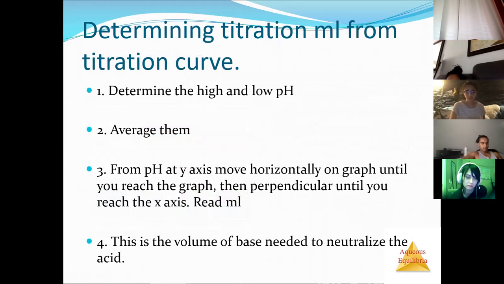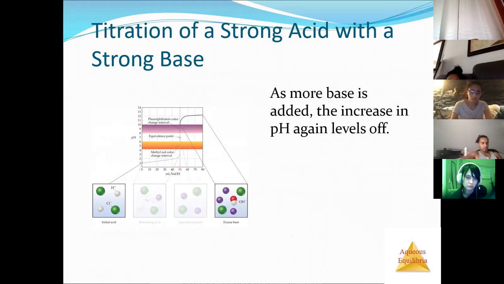If I want to determine the equivalence point, I have to determine what my high and low pH values are. So if I've got this value, my high value is about a 12. My low value is, we're going to call this 2 just to make it easy.